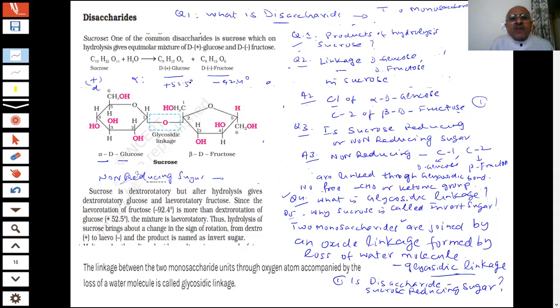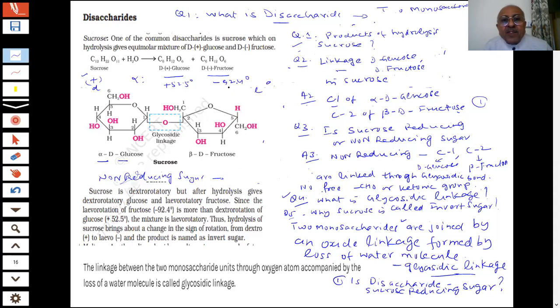What will happen? Minus is more than plus, so on hydrolysis the net result will be that it changes from D to L. The rotation sign will change after hydrolysis. This was positive rotation, but on hydrolysis it produced two monosaccharides, one with plus 52.5 degrees rotation, the other with minus 92.4.